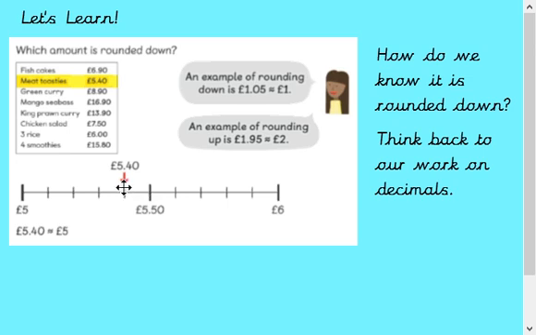We can see that if we plot it on this number line, it is closer to £5 than it is to £6. Therefore, we need to round it down. And if we wanted to, we could think back to our rule: if we're looking at the 4 there, 4 or below, we round it down. 5 or above, we round it up, if you remember.